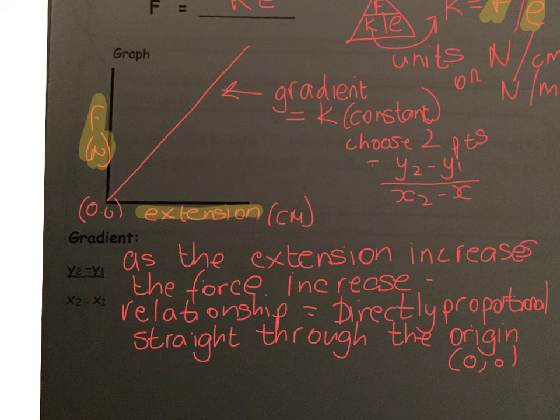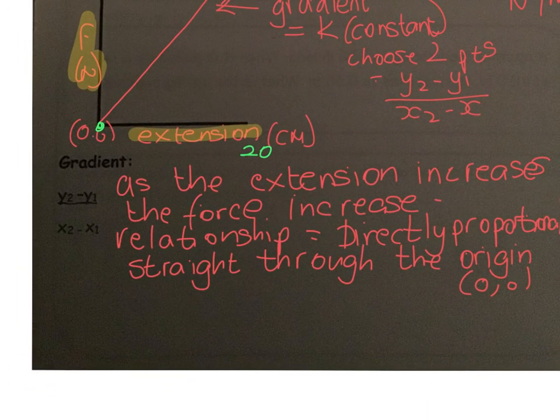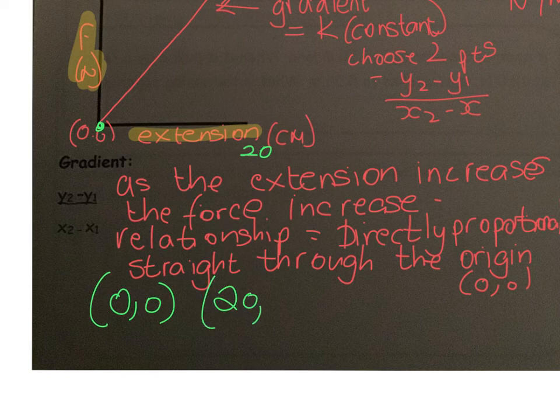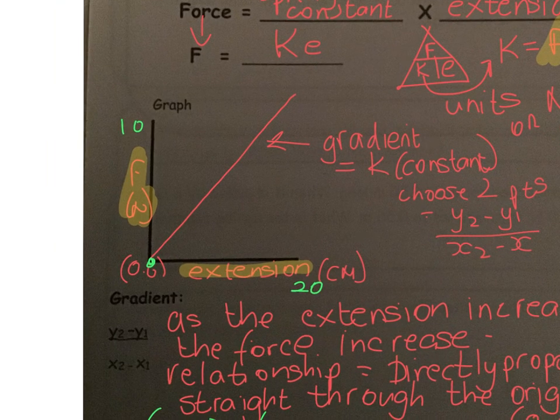To prove that, we can take 2 coordinates. We could have 0, 0, and say the extension is 20 and the force is 10. This is only a rough sketch. Moving along, we take our coordinates as 0, 0, and then when the extension is 20, the force would be 10.